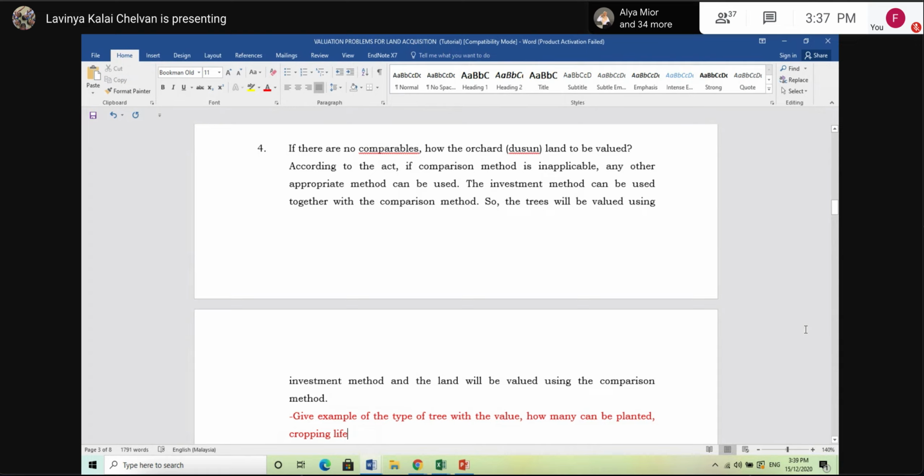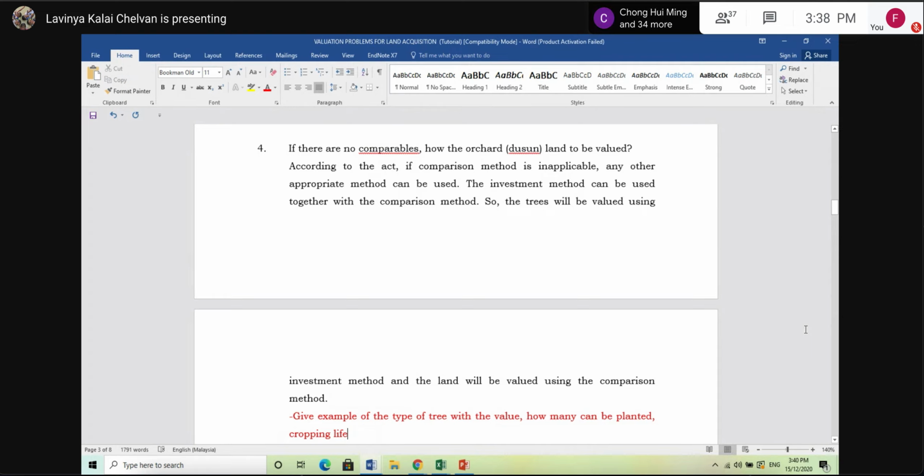Okay, get that price. So what are you going to do with it? This is the investment method. Everyone agrees on the investment method, which I don't. The problem with this question 4 is that Labia introduced the investment method because you don't have a comparable. I agree on that, because there is no comparable at all.